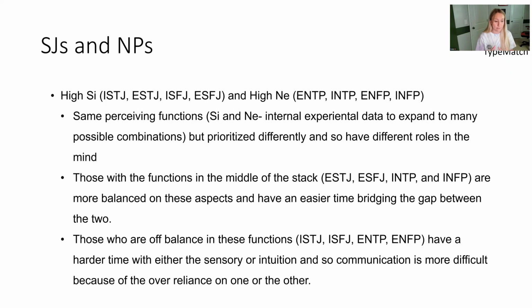And those who are off balance, the ISJs and the ENPs, have a more difficult time bridging the gap between the possibilities and the concrete experience. And so when they're younger, they have less compatibility, but it tends to improve over time.